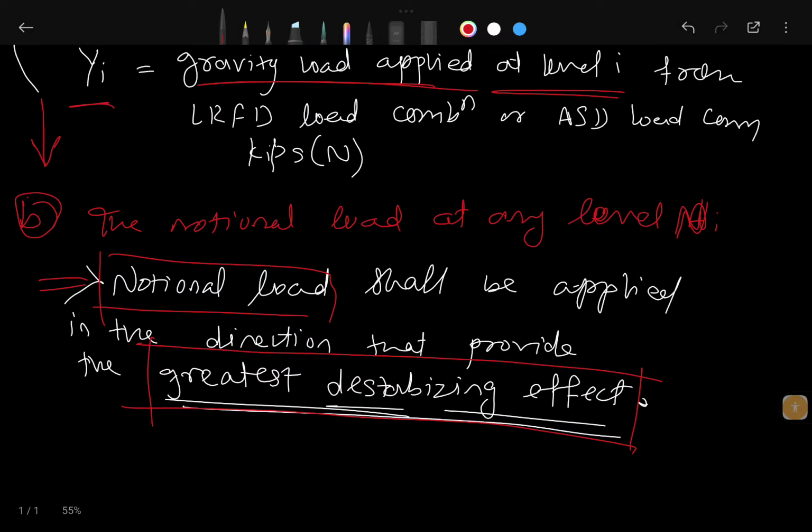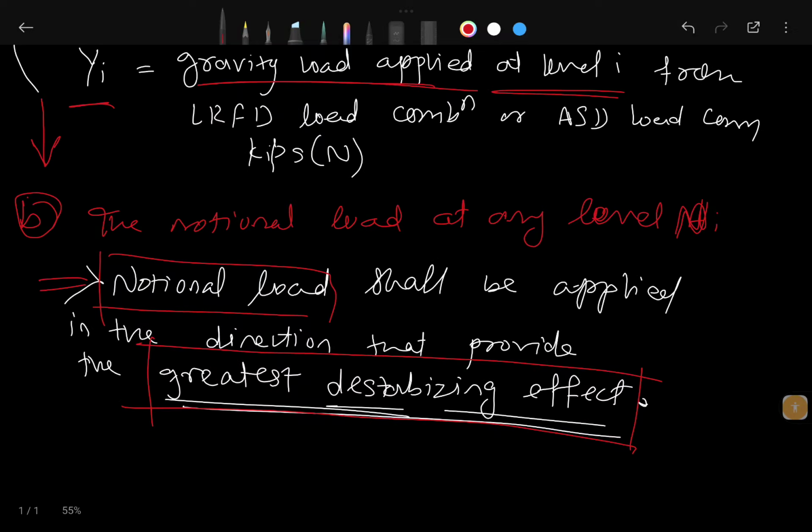Consider two alternative orthogonal directions of notional load application, in a positive and negative sense in each of the two directions, in the same direction at all levels. For load combinations that include lateral loading, apply all notional loads in the direction of the result in all load combinations.